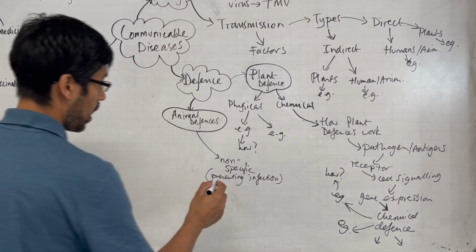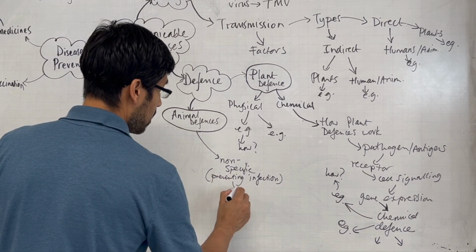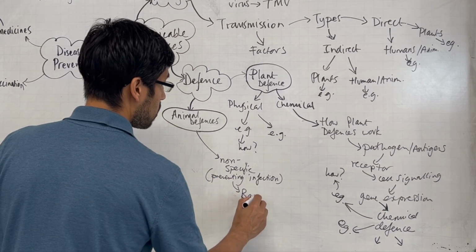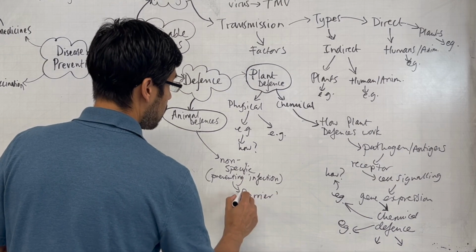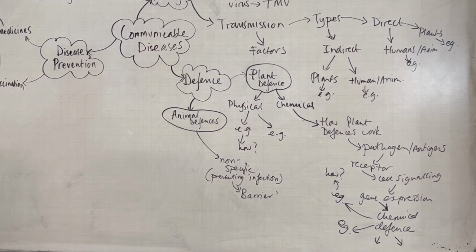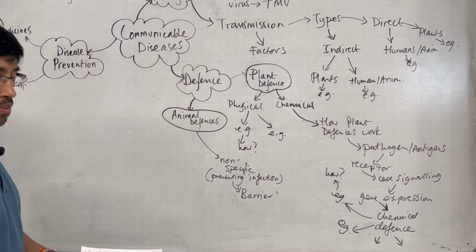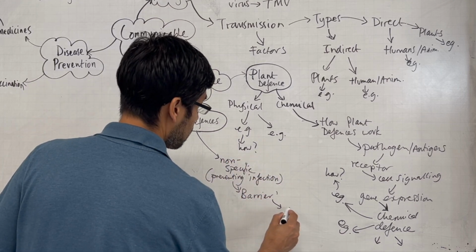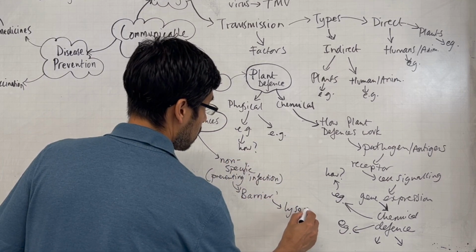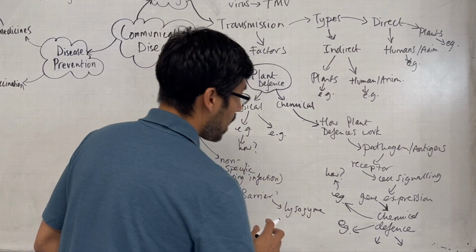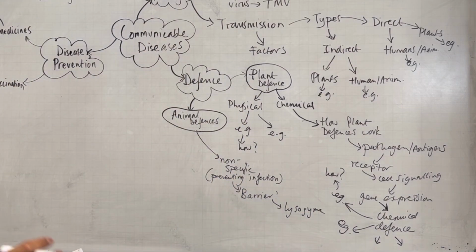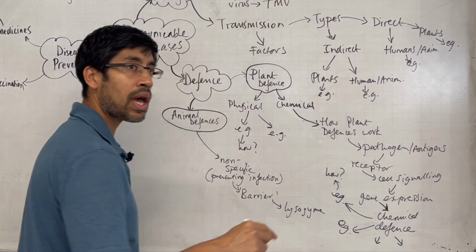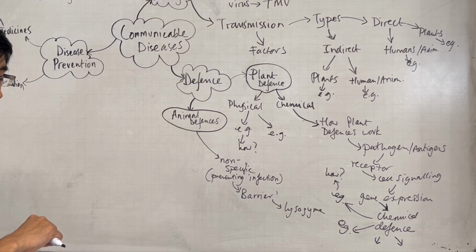Generally speaking, they all work in a kind of barrier way. So we can see them as barriers. Some are physical, some are chemical. So what are those things? So lysozyme. Now I see a lot of mix up between lysozyme and lysosomes.